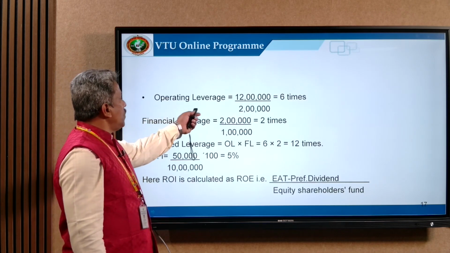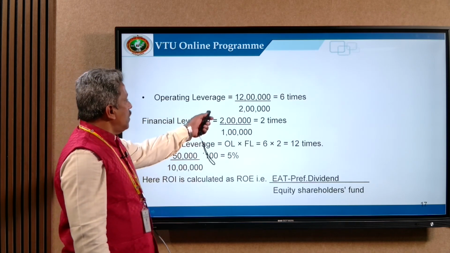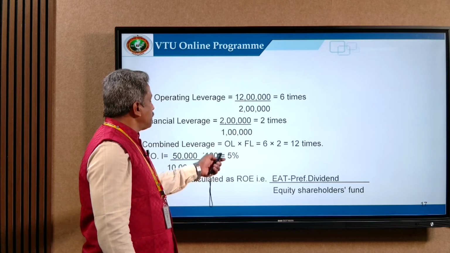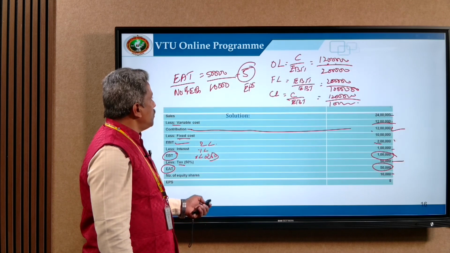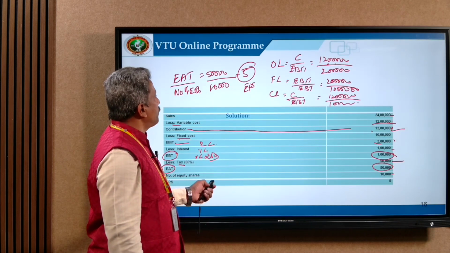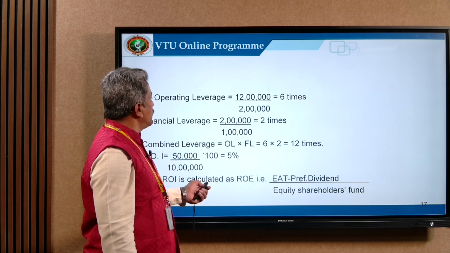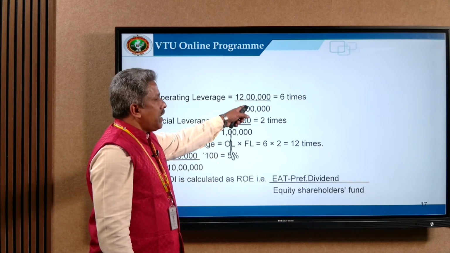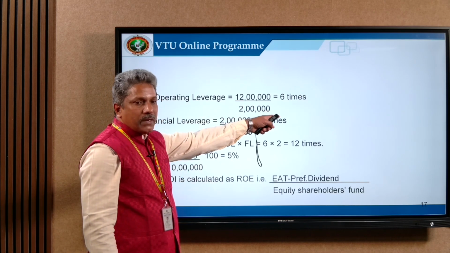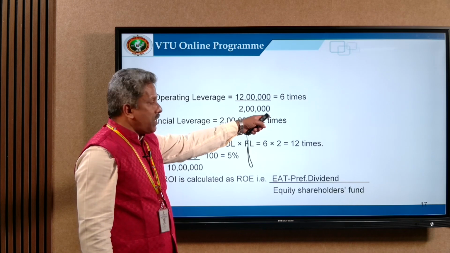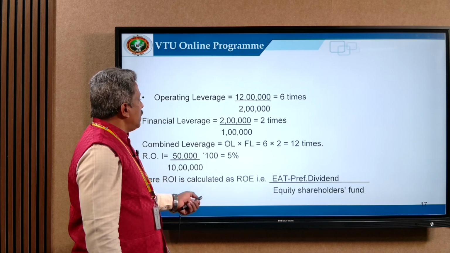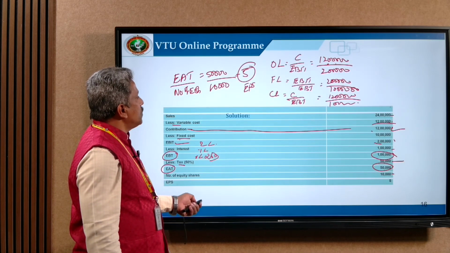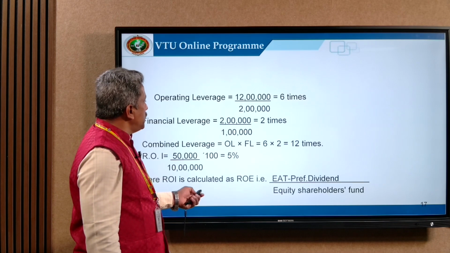Now, you can see operating leverage is equal to contribution divided by EBIT. So, 12 lakhs divided by 2 lakhs, operating leverage is 6 times. Financial leverage is equal to EBIT divided by EBT.